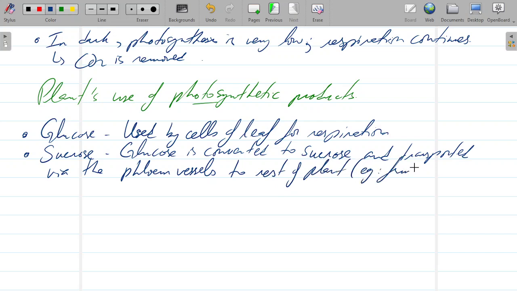For example, the fruits, flowers, stem, root. These are all the parts of the plants that are not photosynthesizing, they're not making their own carbohydrates, and so they need it from elsewhere. And so sucrose is the transport form of the carbohydrate in plants.